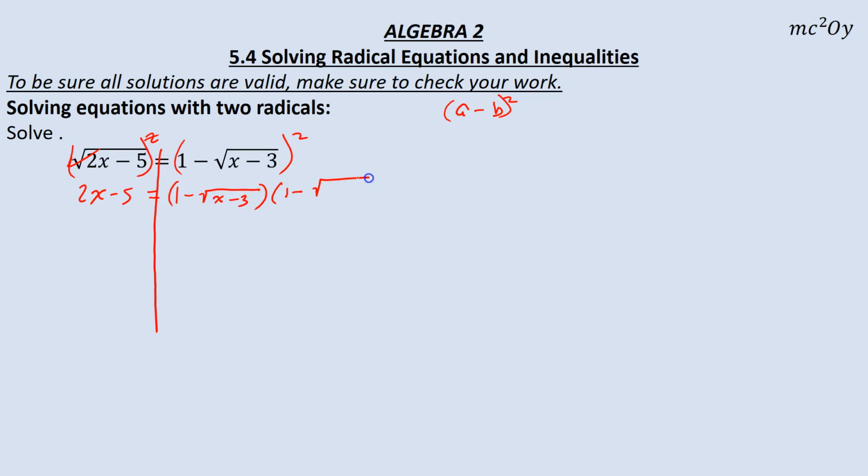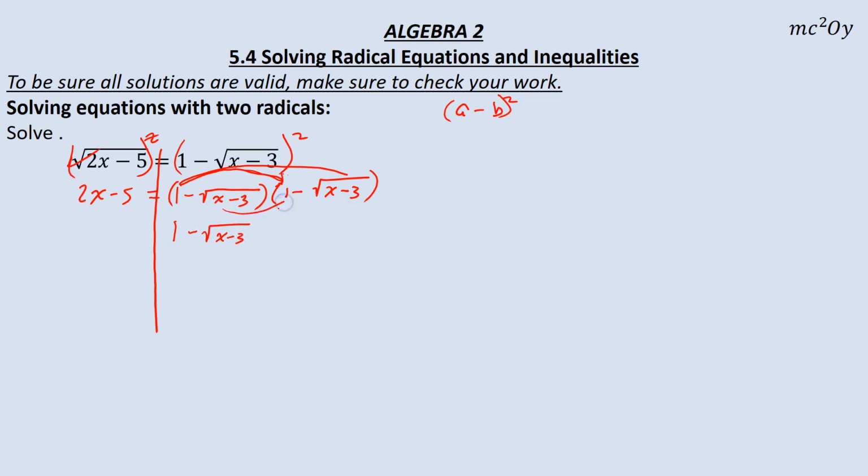So it looks like that. Now, your next step is to actually multiply that out, right? We can't do anything until we multiply it out. So we get 1, and then 1 times negative root x minus 3, so that's negative root x minus 3.